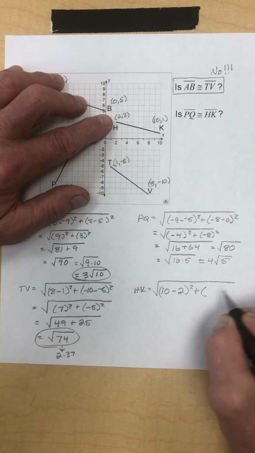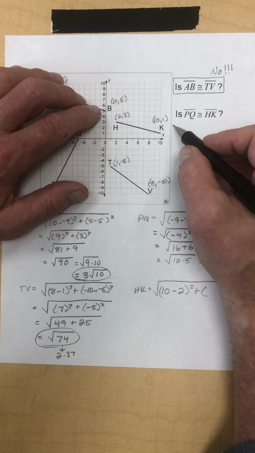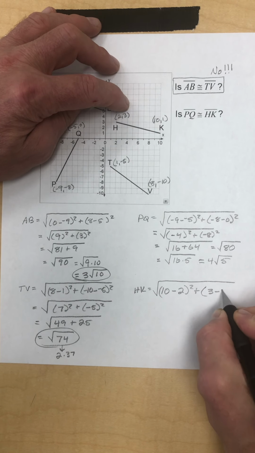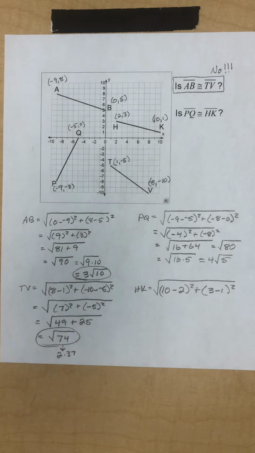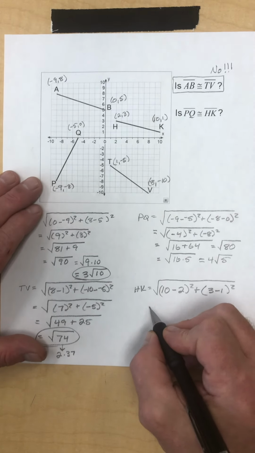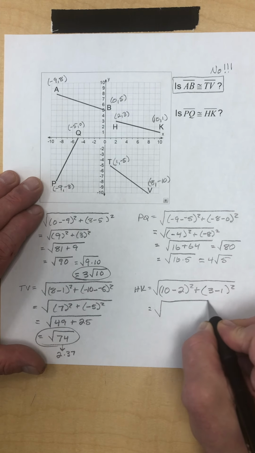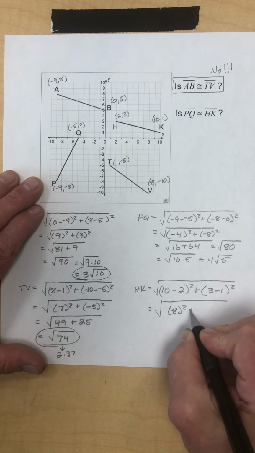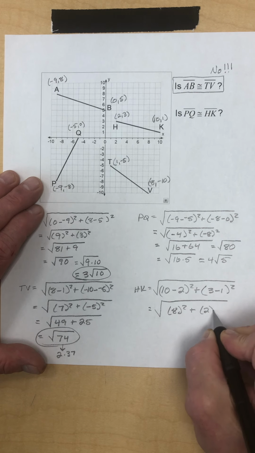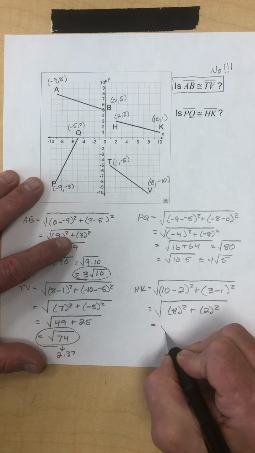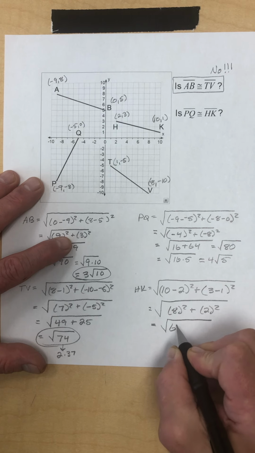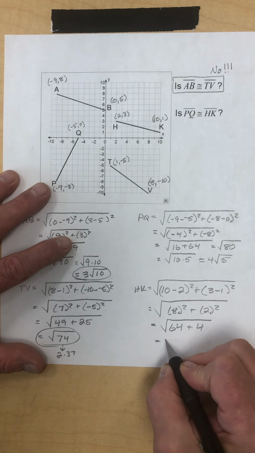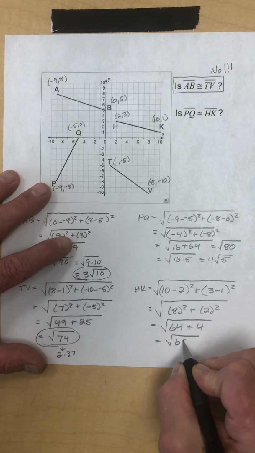And then I got to subtract the y coordinates, we have a 3 and a 1, and square that. That would be 8 squared and this would be 2 squared. So I'm going to get the square root of 64 plus 4. So I get the square root of 68.